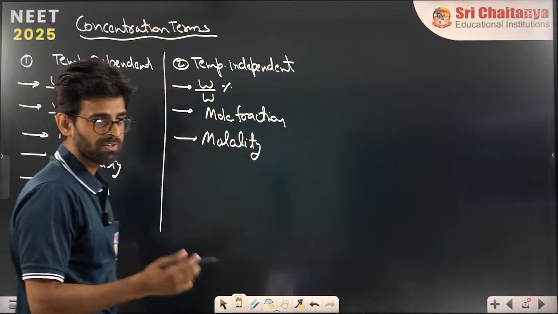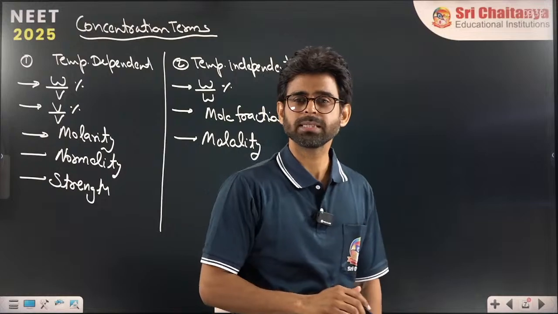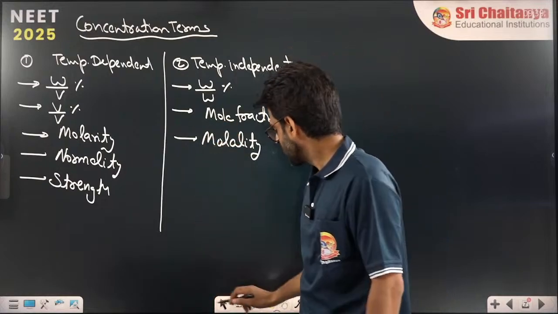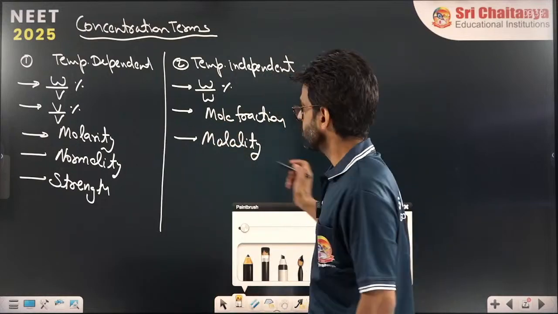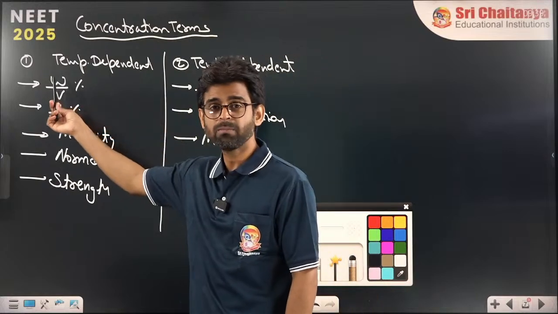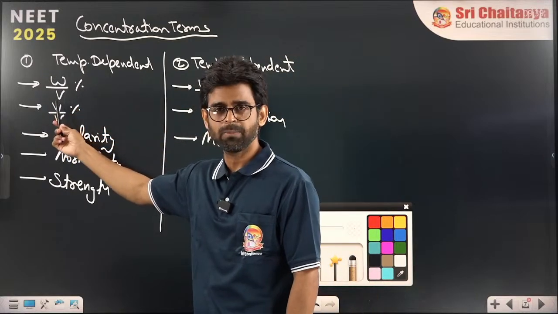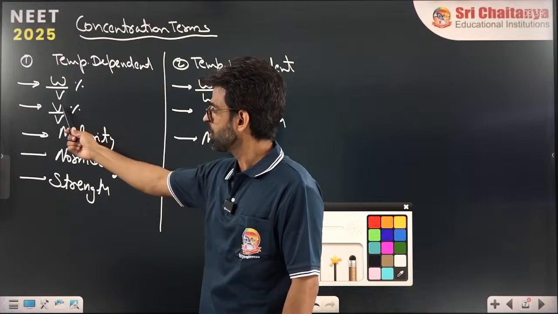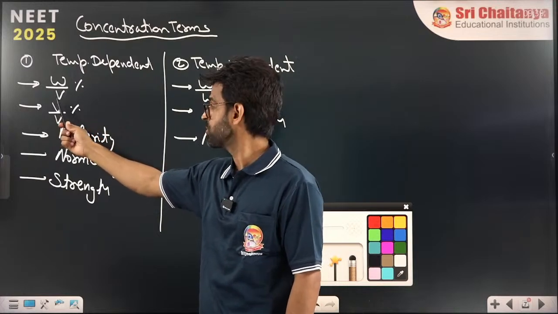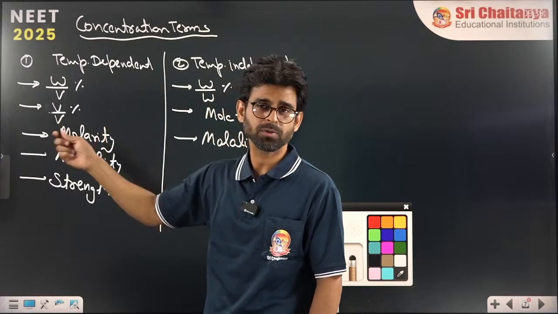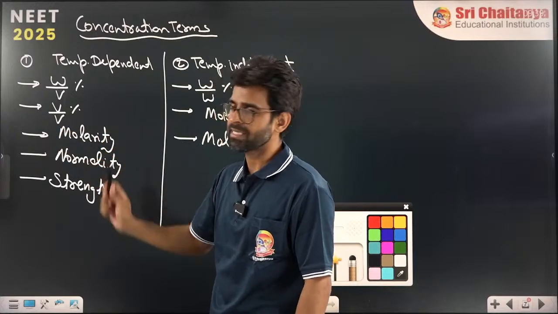The formulas you know very well, so I am just saying the formulas. What is weight by volume? Weight of solute in grams, volume of solution in ml, into 100. Volume by volume: volume of solute divided by volume of solution into 100. What is molarity?